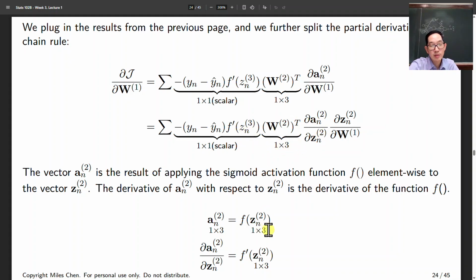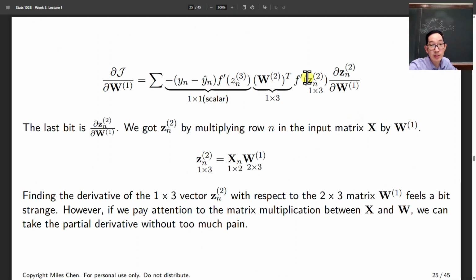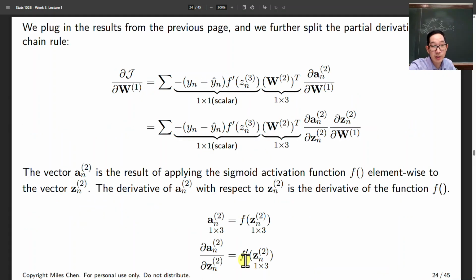All right, so if we think about this, the values inside the nth row of A, it's one row with three values. So the nth row in Z is going to be one row with three values in it.